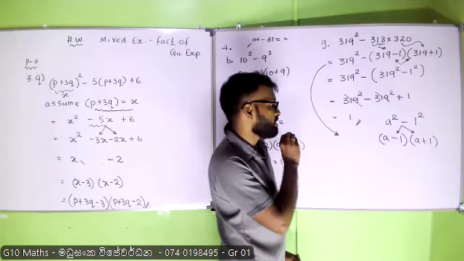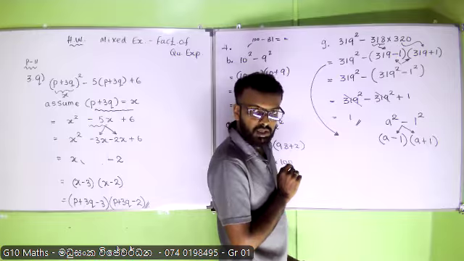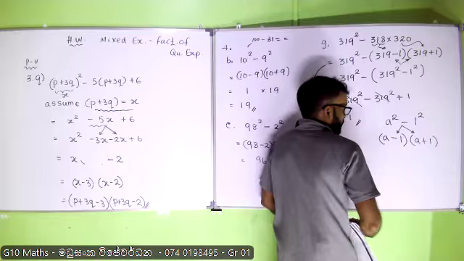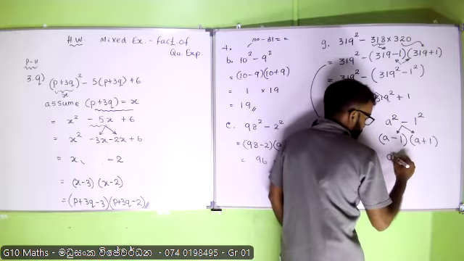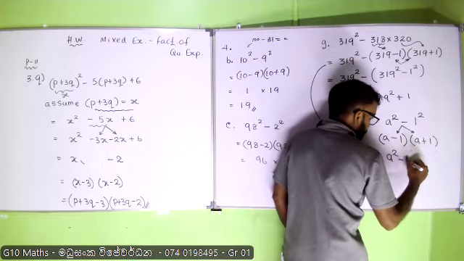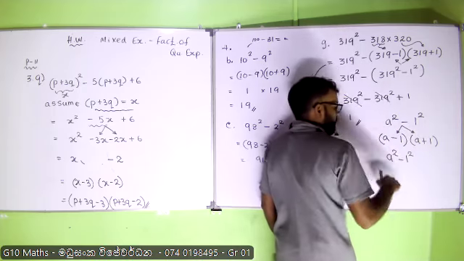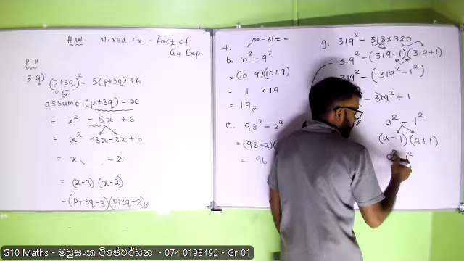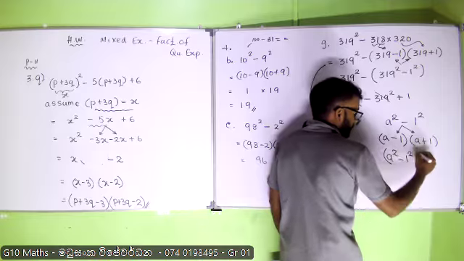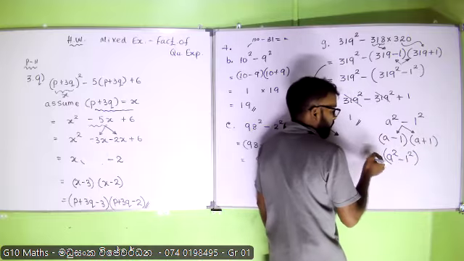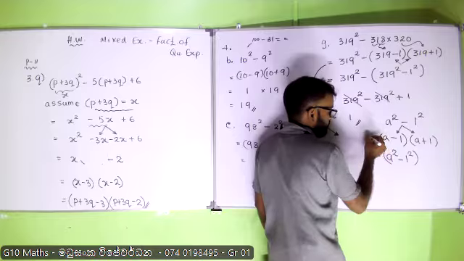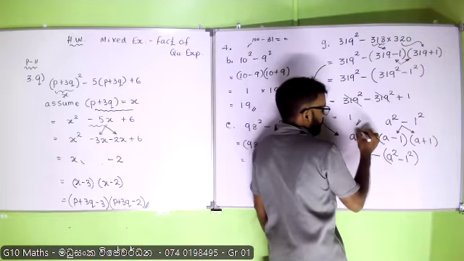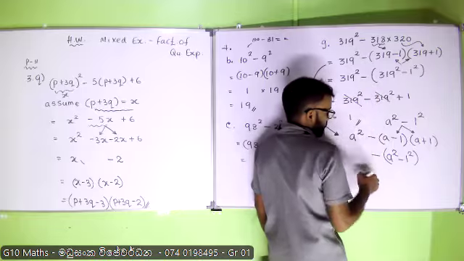So I can write it as A minus 1, A plus 1. Right? So I'm going to take it down here. A to the power 2 minus 1 to the power 2. I'm going to write it backward. I will put a bracket because I have a minus sign in front of this. And here I have A to the power 2.